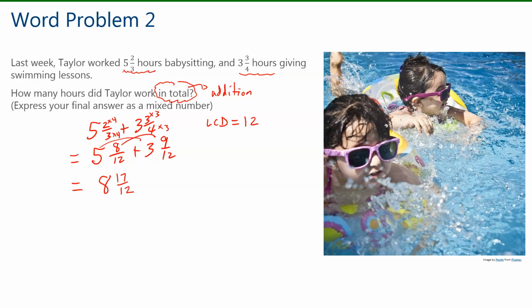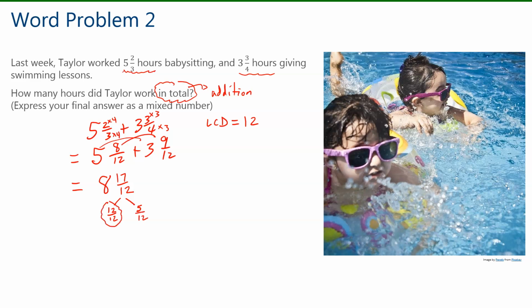If I look closely at my answer here, I see that in my fraction part, I have a numerator that's larger than my denominator. So that's not a proper fraction, that's an improper fraction. So we should not leave our answer like this. We can get another whole out of the 17 over 12. I can split the 17 over 12 into a 12 over 12 and a 5 over 12.